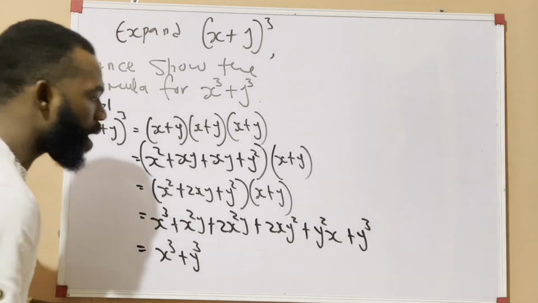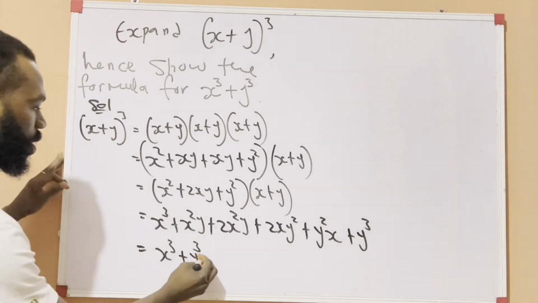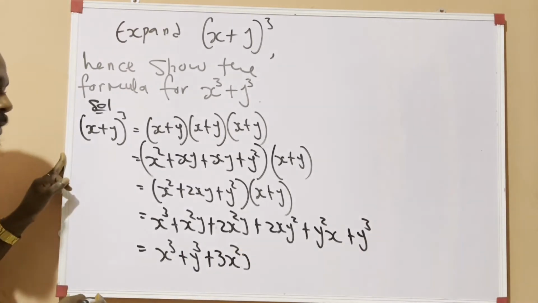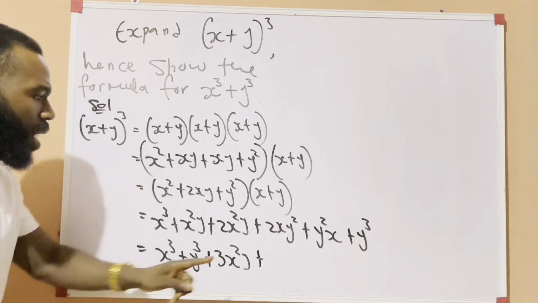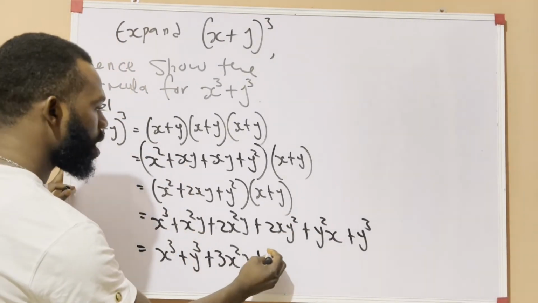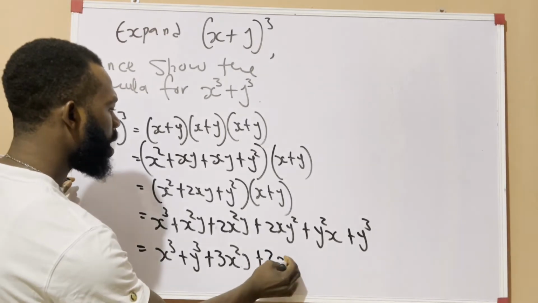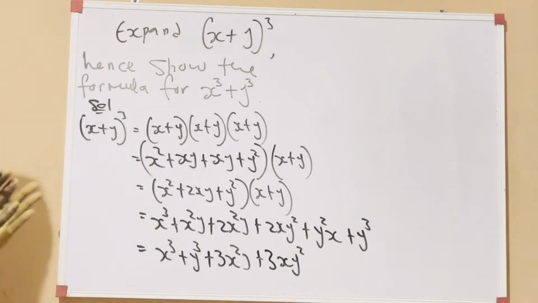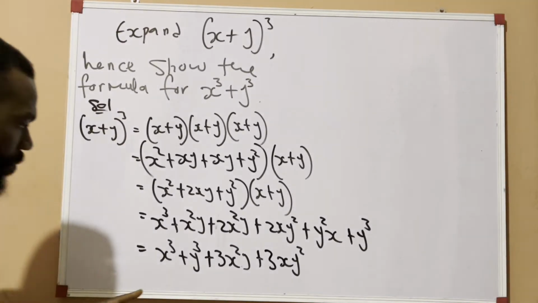So x squared y plus 2x squared y gives us 3x squared y. Now 2xy squared plus y squared x also gives us 3xy squared.